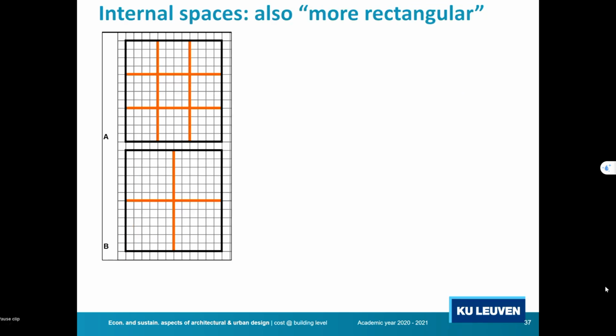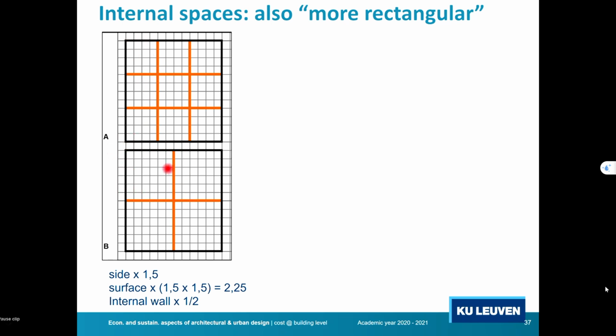Now, not only the size of the building but also the size of the internal rooms will determine the ratios. So this was the size that we had first. So we have smaller rooms or we have bigger rooms.